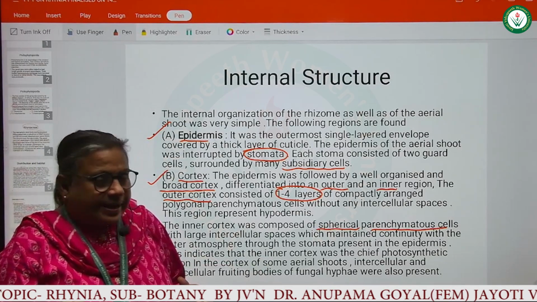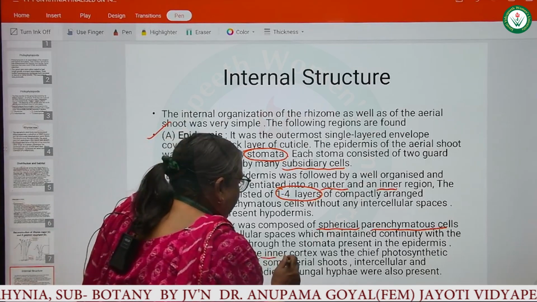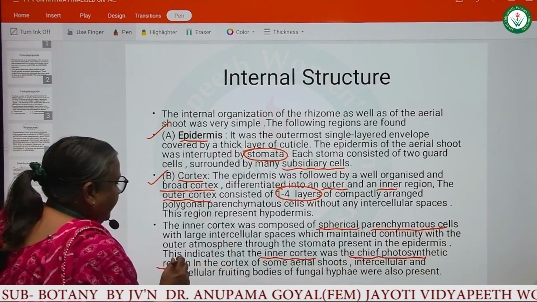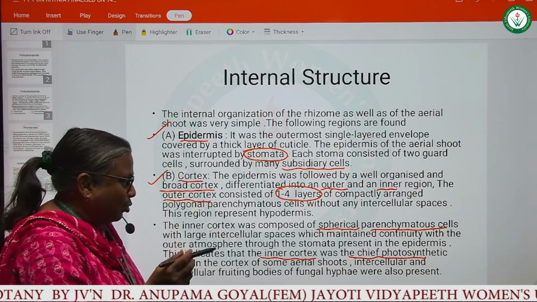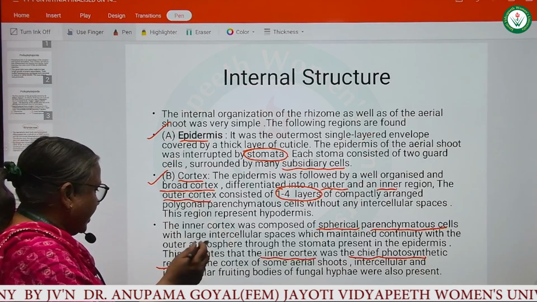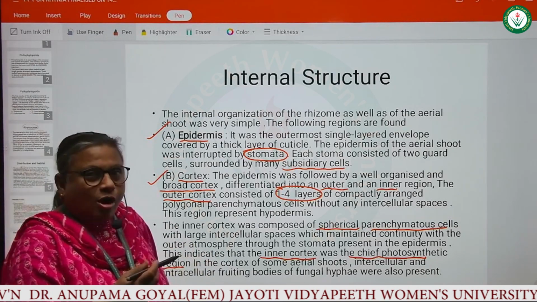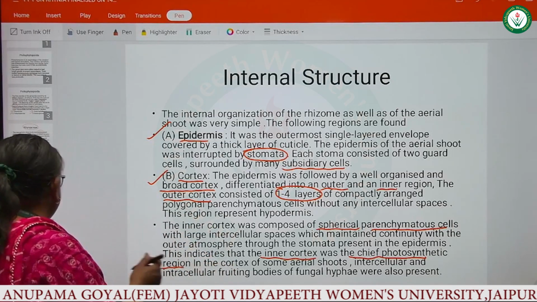This indicates that the inner cortex was the chief photosynthetic region in the cortex of some aerial shoots. Intercellular and intracellular fruiting bodies of fungal hyphae were also present.